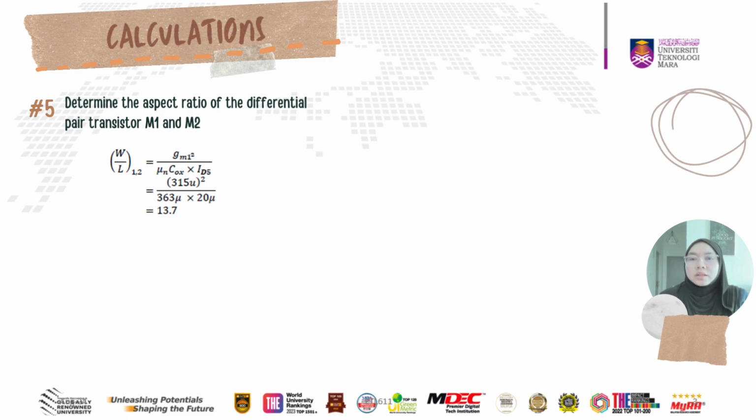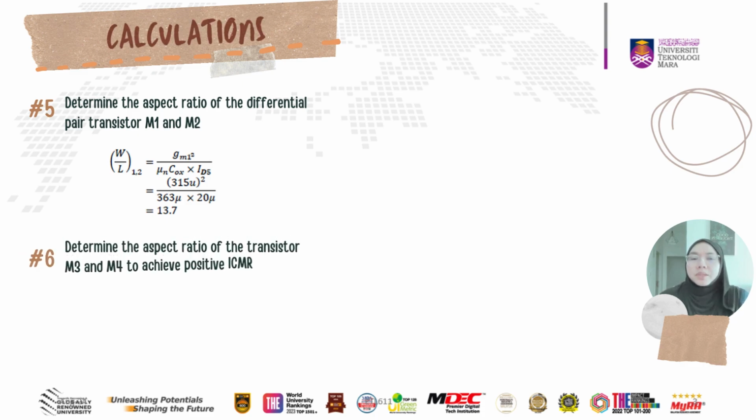The mu n Cox here depends on the technology that you use. In my case, mu n Cox is 363 micro, times the tail current that we have calculated in step number 3, 20 microampere. With that, we get the ratio of width over length as 13.7.